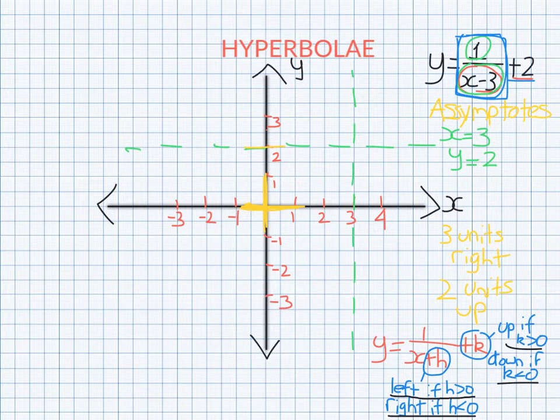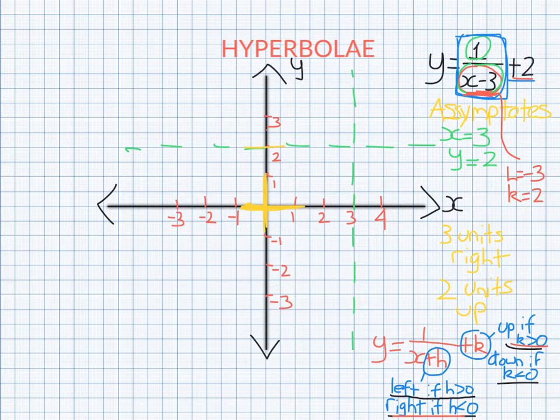So how much it goes up or down depends on the value of h or k. So in our example here, we had h is equal to -3, so that's why it goes 3 to the right, because it's right if h is negative, and it goes up 2 because k is 2. K is greater than 0.